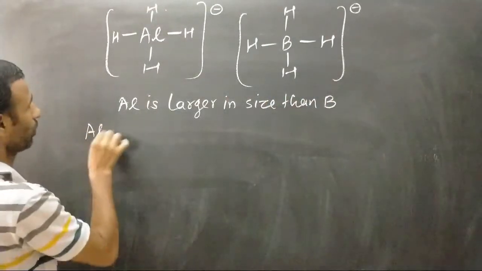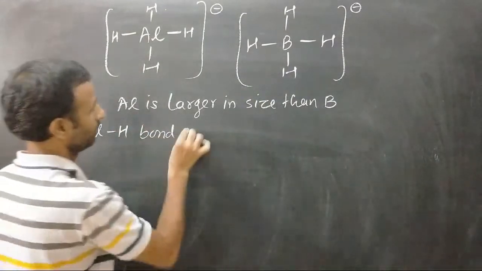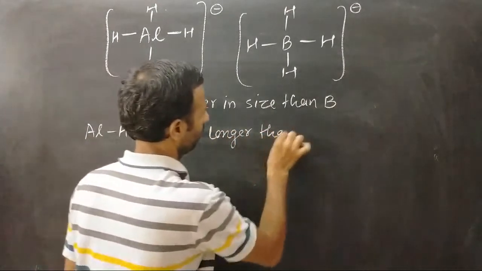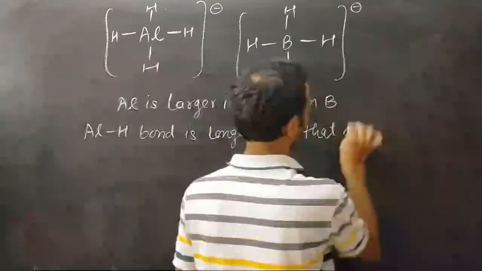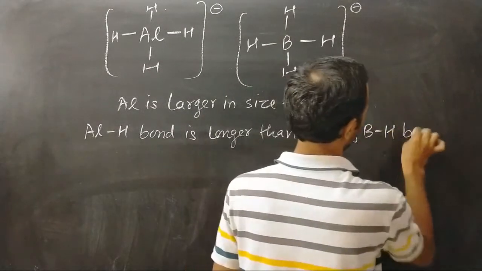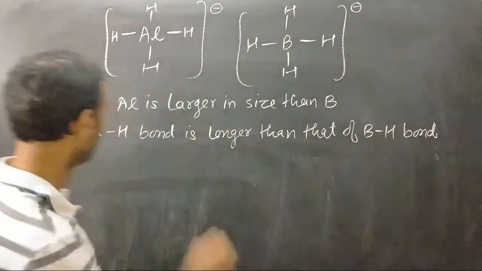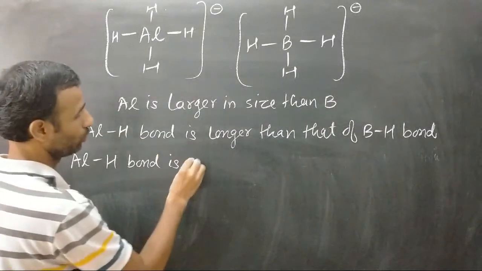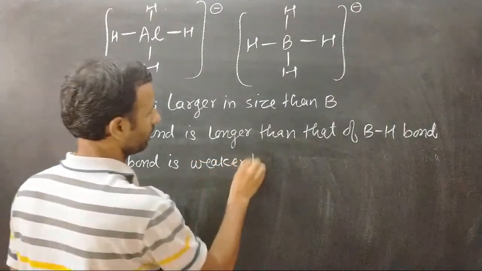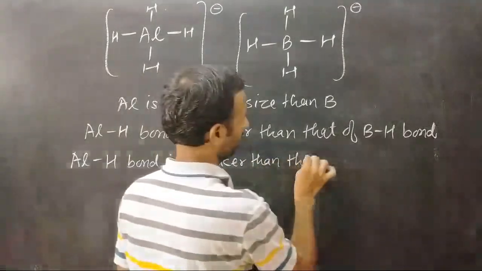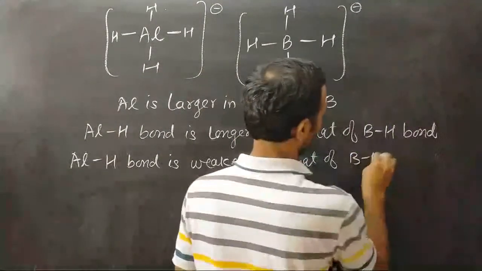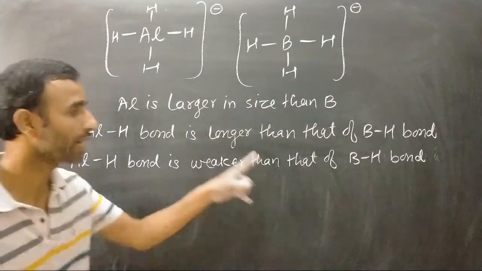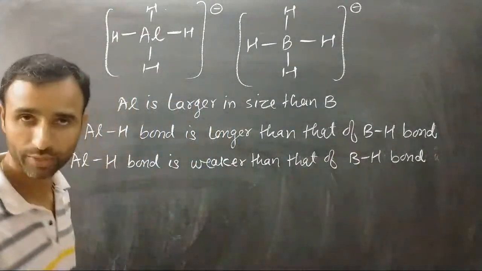So the Al-H bond is longer than that of the B-H bond, meaning the Al-H bond is weaker than that of the B-H bond, right? The Al-H bond is weaker than that of the B-H bond.